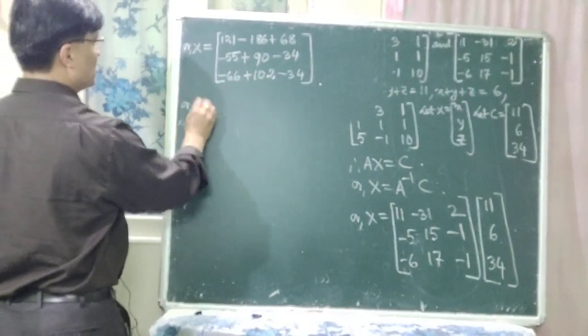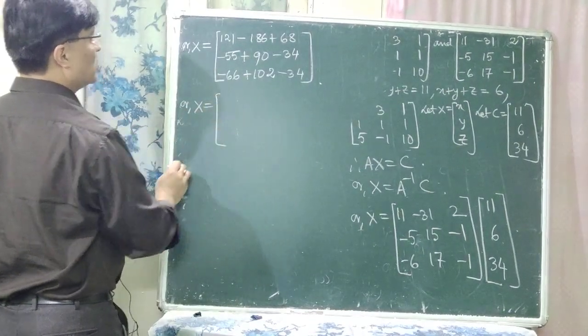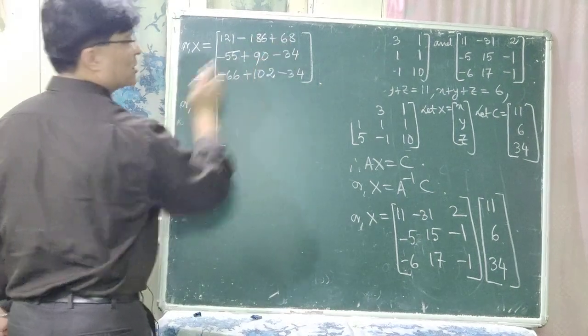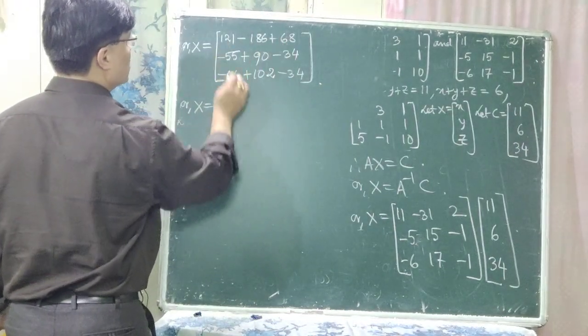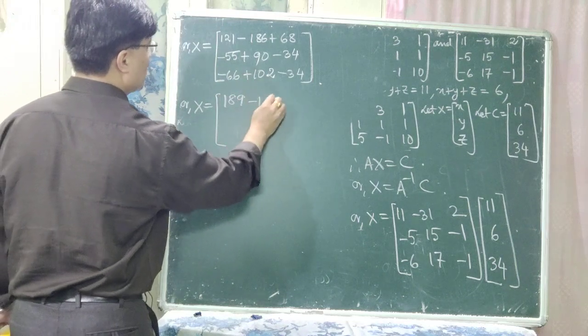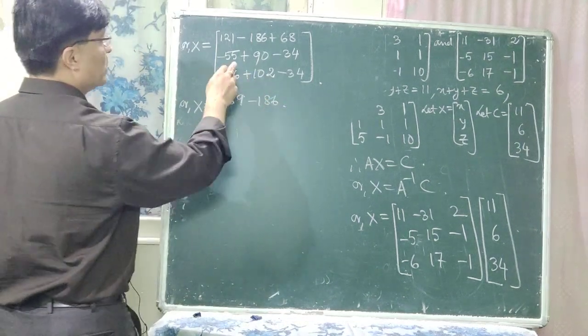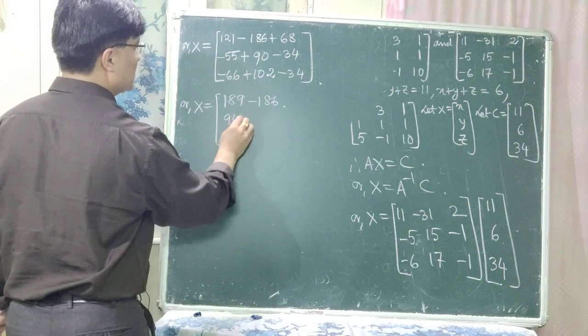Now we can solve it. X is equal to 121 plus 68. Same sign, you can add them: 189, minus 186. Here also write 90 first, minus 55, minus 34.